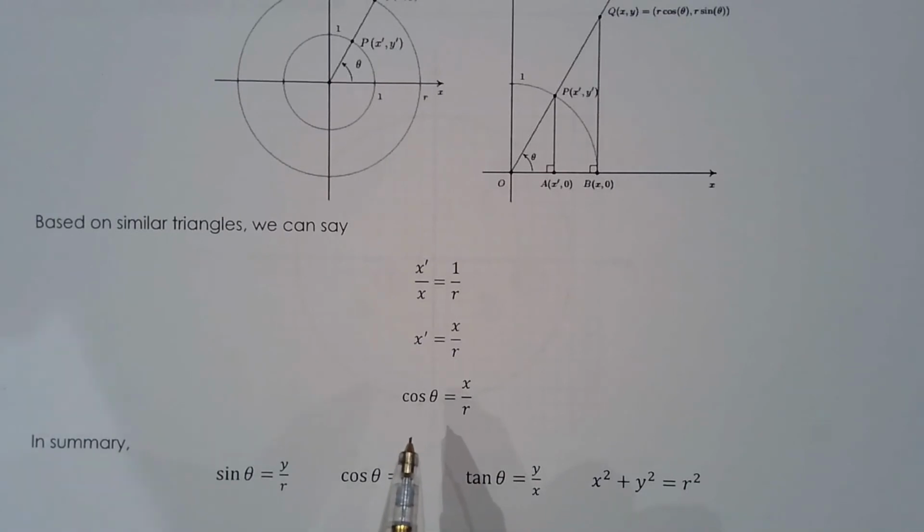So cos theta is equal to x over r. If it's not a unit circle, no problem. Cos theta is x over r. You just need to know the x coordinate of the point which is not on the unit circle, in this case point Q, and the radius of this circle.